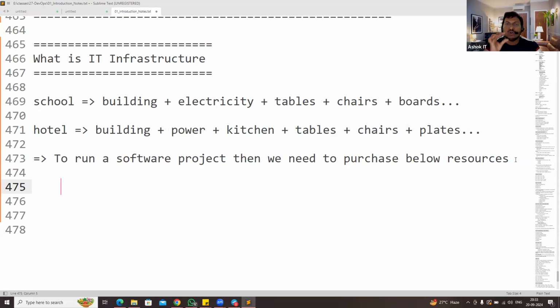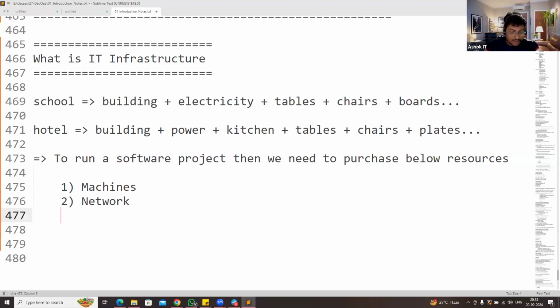Similarly, if I want to run one software project, then we need several resources. What resources are required? We need to purchase several machines, guys. We need to purchase several computers. Those are called machines, or we can call them servers. Then to run these machines, we need to set up a network for the machines, and we need to set up power.